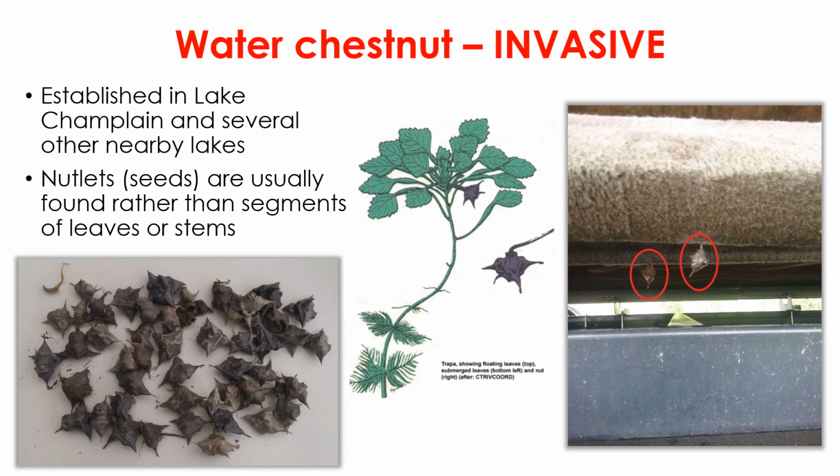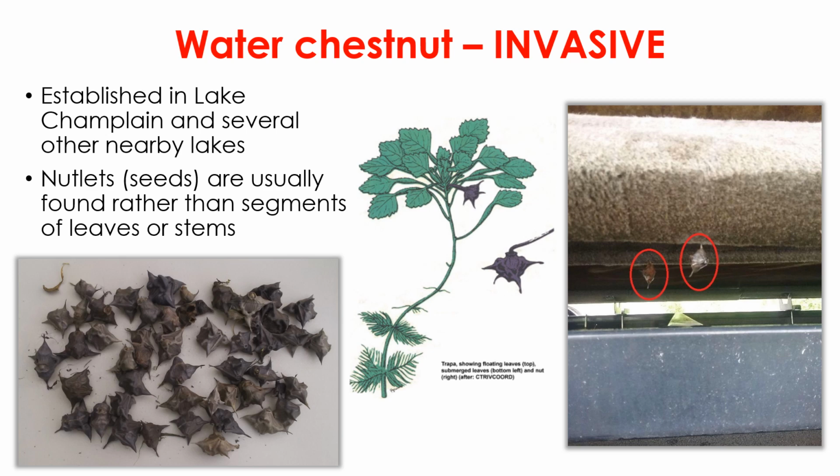So water chestnuts aren't established in the interior of the Adirondacks, but they're in Lake Champlain, most heavily infested at South Bay Launch. There's also a lot in the Hudson and Mohawk rivers. See these lethal little nutlets here on the left? They have incredibly sharp points that dig into trailer bunks and catch in equipment crevices and just hang on for dear life.